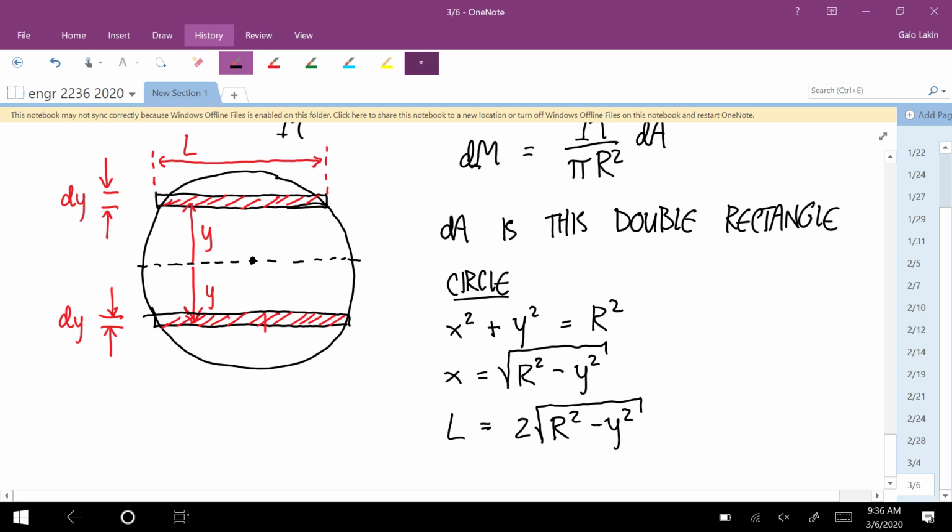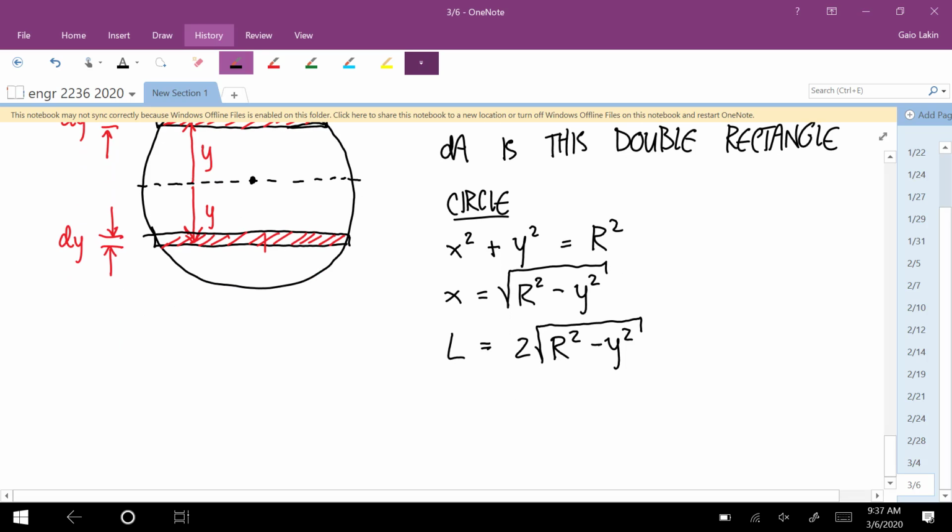So the area for a single one of those rectangles is 2 times this square root times dy. But we have 2 of those rectangles in our dA.